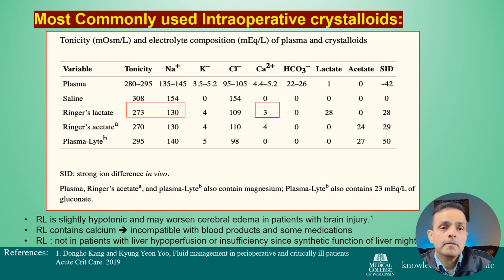Lactate formed in the muscle or anywhere in the body tends to go to the liver, and the liver metabolizes that to bicarbonate. For that to happen, you need to have a good liver. If you have an impaired liver, especially terminal cirrhotic patients, they tend to get lactic acidosis just with the use of ringer lactate.